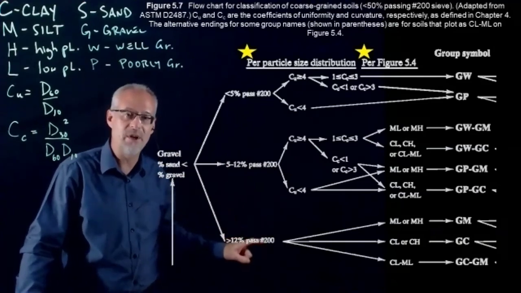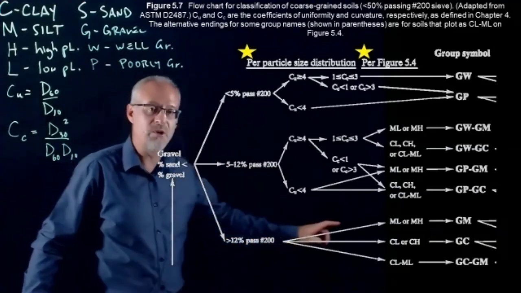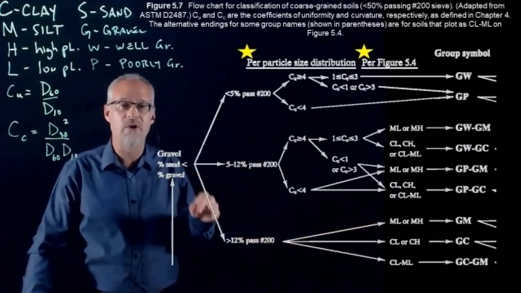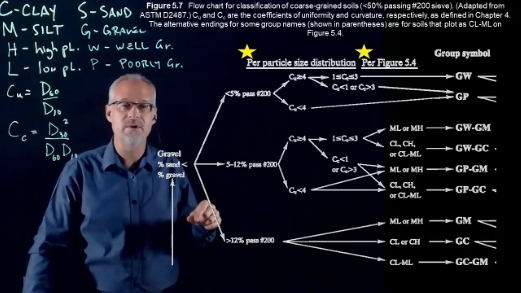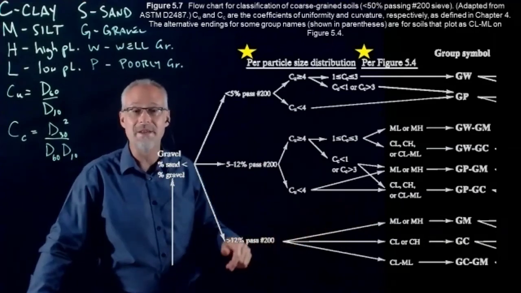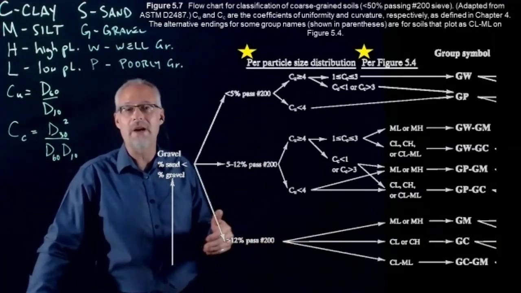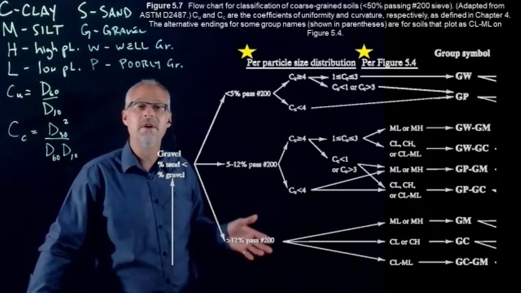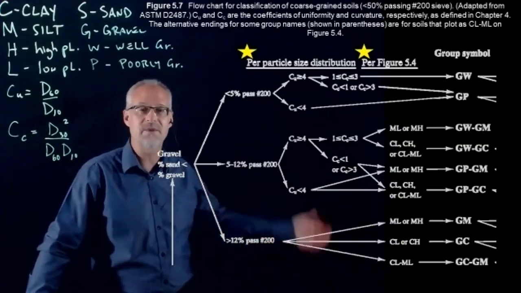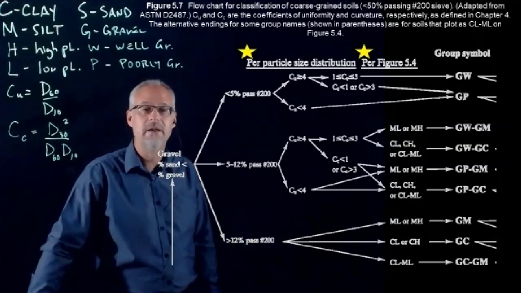So down here, you'll still have to classify the fine grain soil as an ML or MH or CH or CL, like you did for classifying fine grain soil, which means you need to run an Atterberg limits test on the percent that passed the number 200. In the lab test, you would need to actually do that.